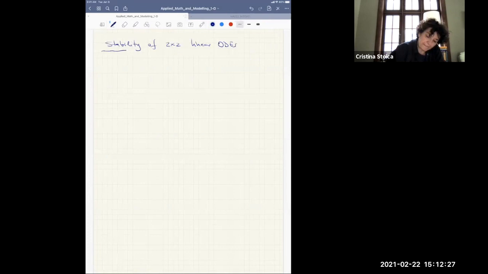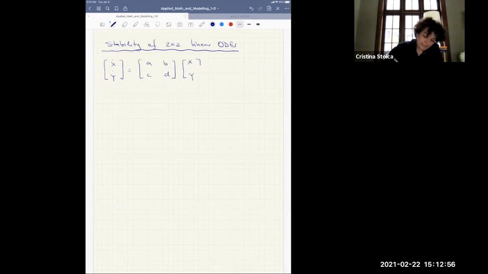All right. So here comes the linear algebra that some of you did with me last year. Here I'm going to write this: x dot, y dot equals, let's say we have entries A, B, C, D, times x, y, which we write in this way.